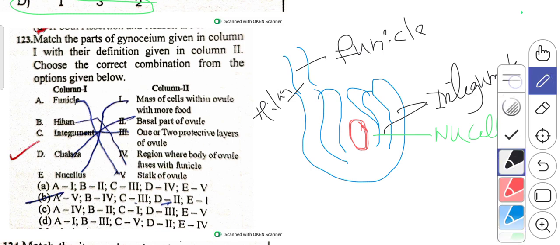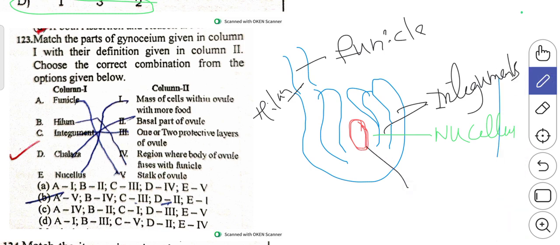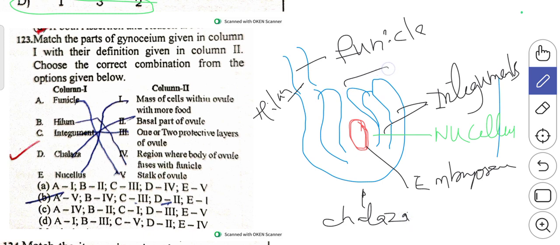This part will be considered the embryo sac. Then this one is called the chalaza or chalazal end. This one will be called the micropylar end. So this is a typical structure of an anatropous ovule.